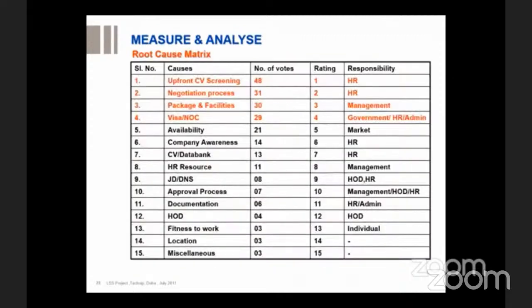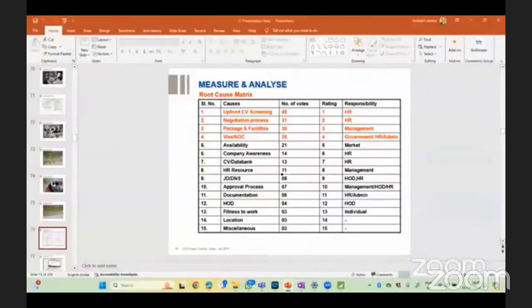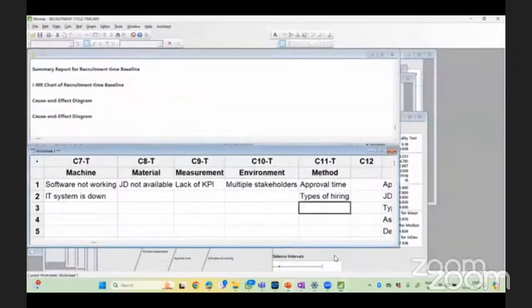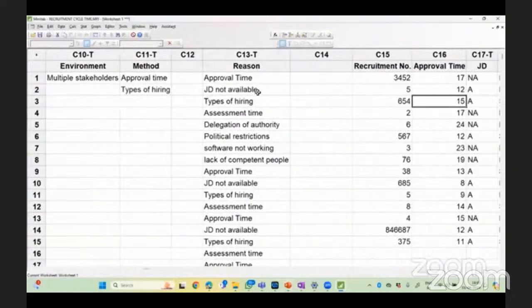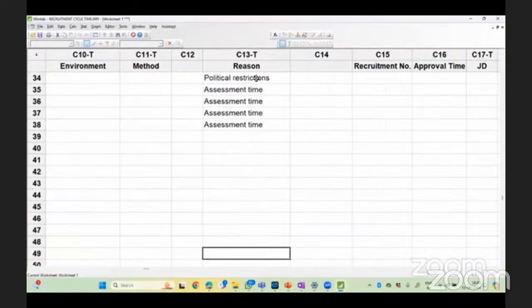Same thing can be done based on the data. So here I used the nominal group technique where I took the opinion of the people, but in the other way, I can in fact look at the real data. Let's say I studied around 38 recruitments.